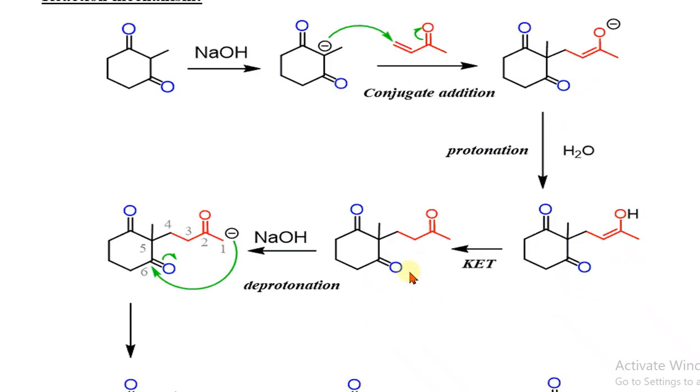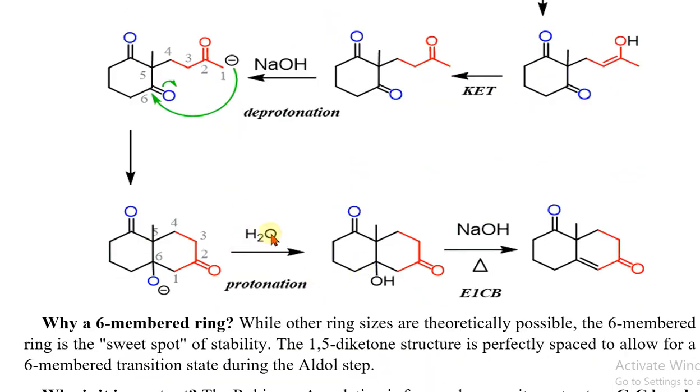So finally, what we have here is cyclization. It is an aldol reaction, the carbanion attacks this carbonyl to make a cyclic compound and remove H2O. This OH with this hydrogen will be removed to generate the unsaturated double bond. So it is a clear mechanism.